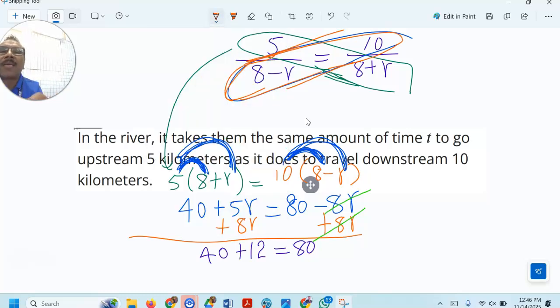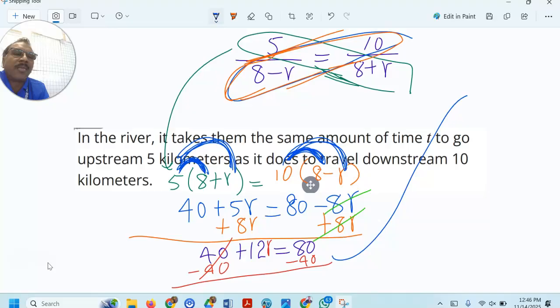Then divide. Okay, almost done. So you are subtracting 40 from both sides. I think I missed the r here. So this crosses out, and we have 12r equals 80 minus 40, which is 40. Then divide by 12.